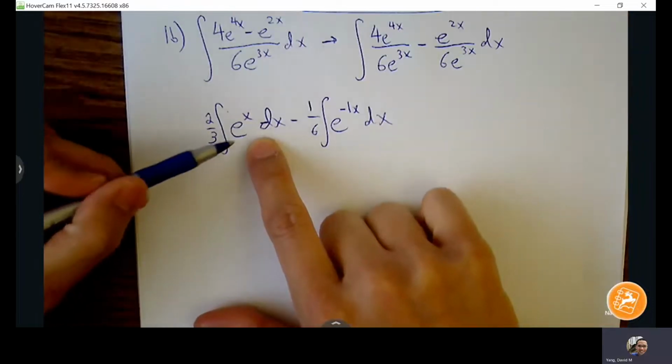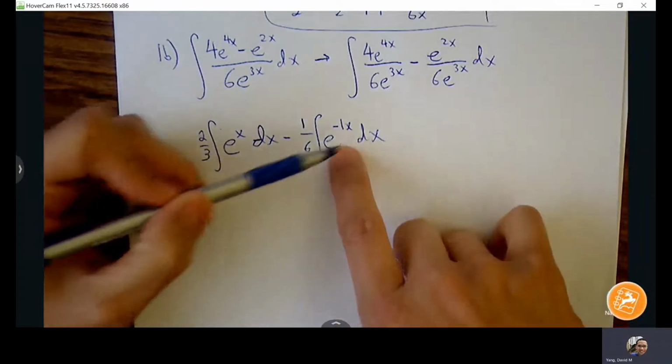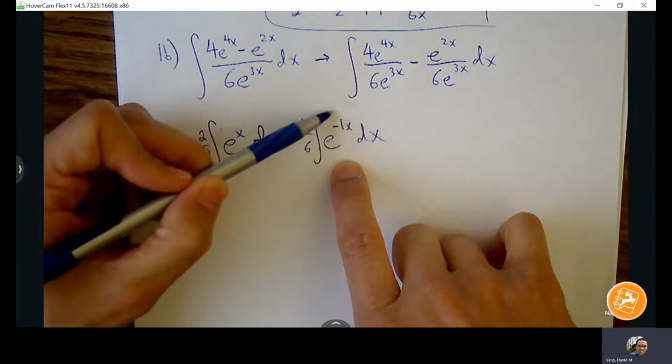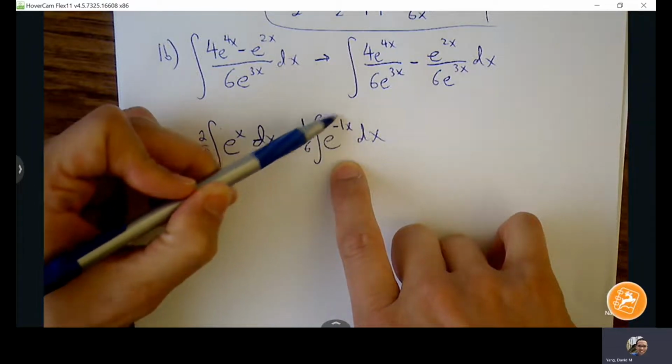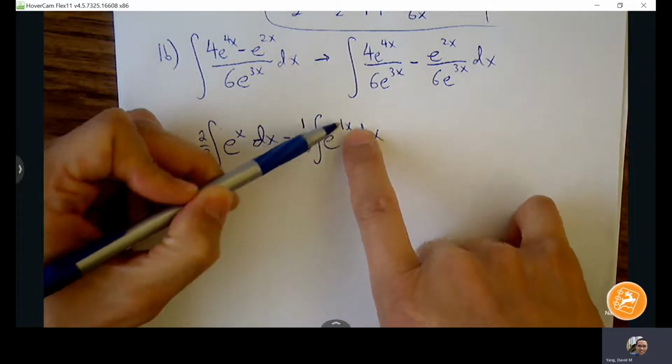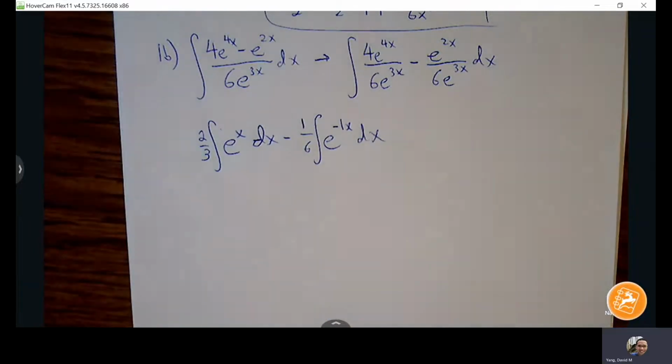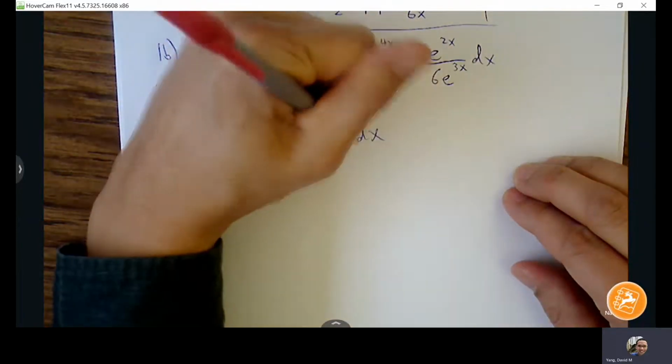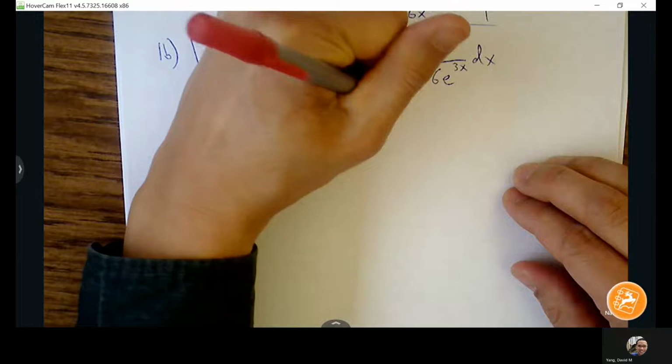Now, this is just a clean integral rule, but this is a little bit of u substitution. You don't have to go through u substitution, just understand that there's a negative 1 that's going to come out of it. But if you wanted to, you can still go through u substitution here.